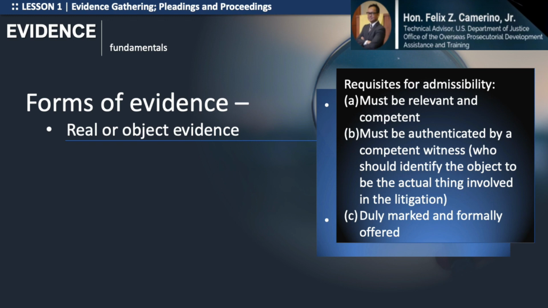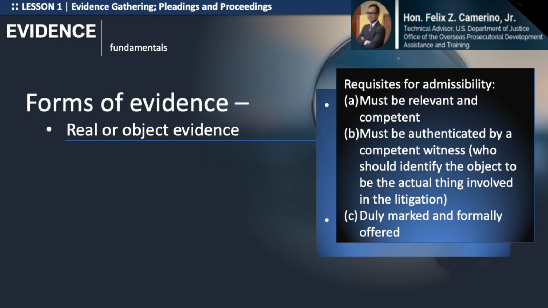The first, in addition to relevance and competence, is that the object itself needs to be authenticated by a competent witness. What that is referring to is a testimonial sponsor, somebody that can testify that that object is the actual thing involved in the litigation.